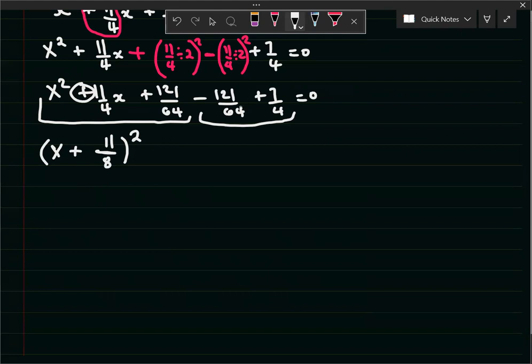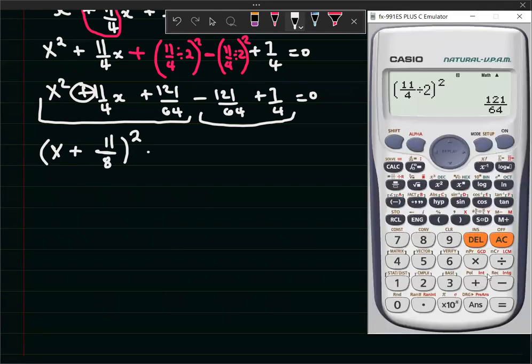Then let's see what this gives us on a calculator. So we have negative 121 over 64 plus 7 over 4, which is negative 9 over 64.